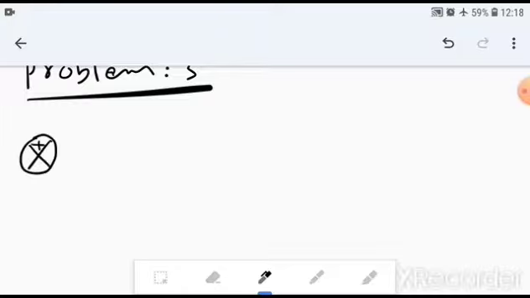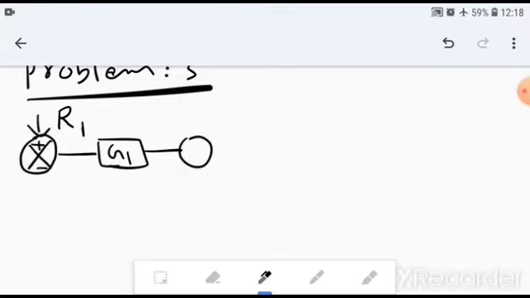So this has two inputs. This is one input, which we take as R1, and next in the forward path we have G1. The second summing point, you can number the summing points if you want, has plus and minus, and then we have the feedback in the given problem.